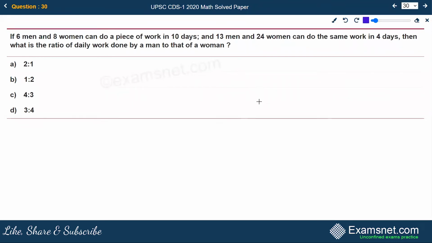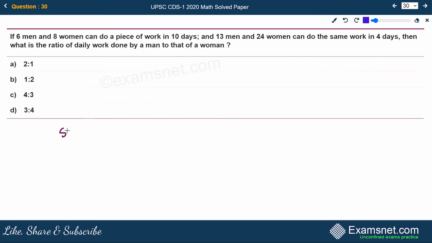In question number 30, we are given if 6 men and 8 women can do a piece of work in 10 days and 13 men and 24 women can do the same work in 4 days, then what is the ratio of daily work done by a man to that of a woman?